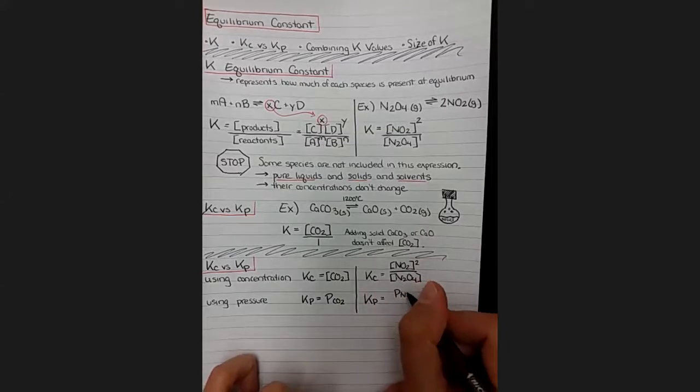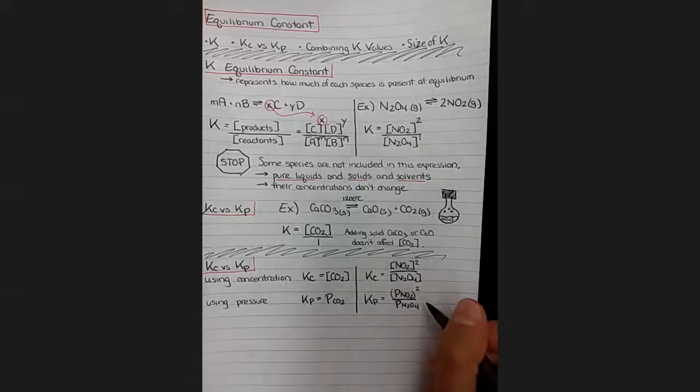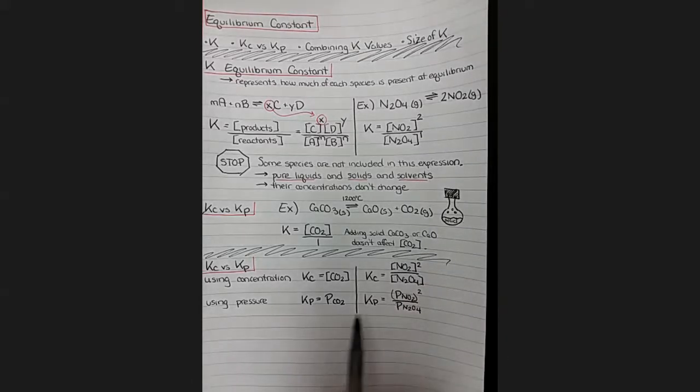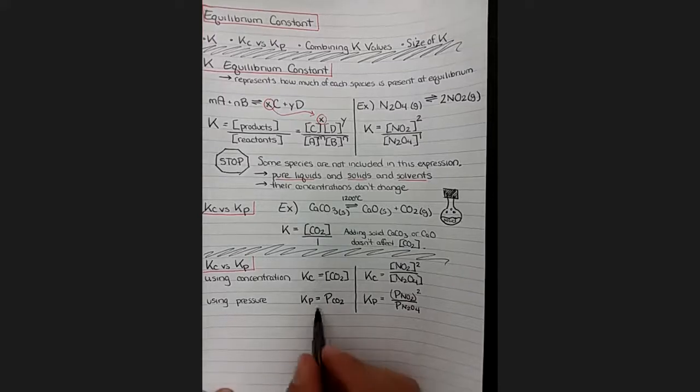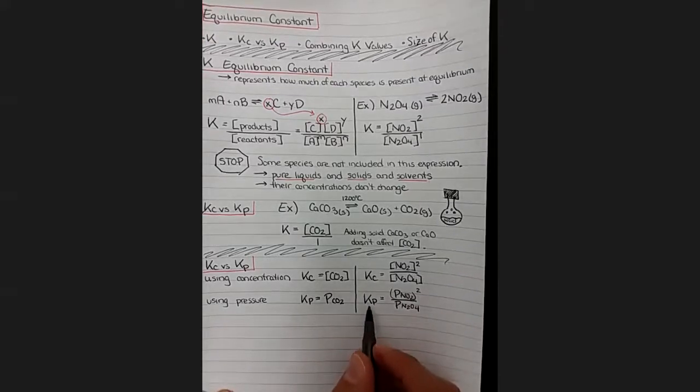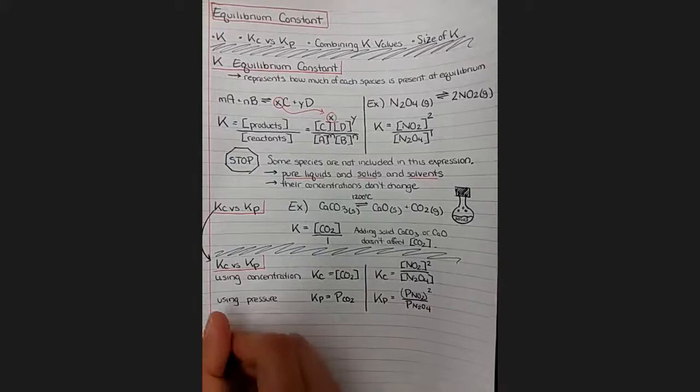So the pressure of NO2 squared over the pressure of N2O4. So this is really nice because we can write it in terms of pressure for gases or in terms of concentration for liquids. However, these numbers, Kc and Kp, they are not going to be equal.